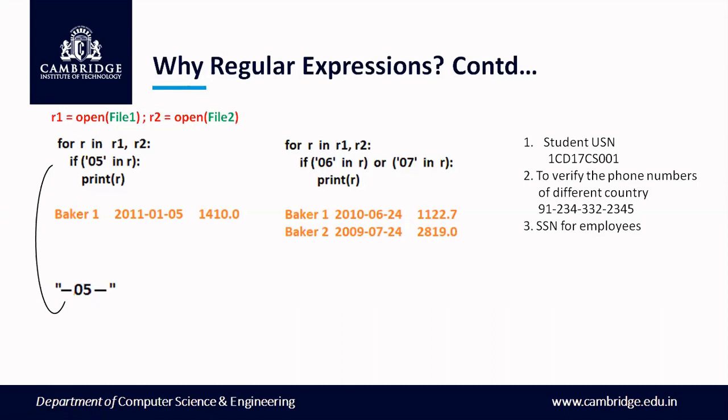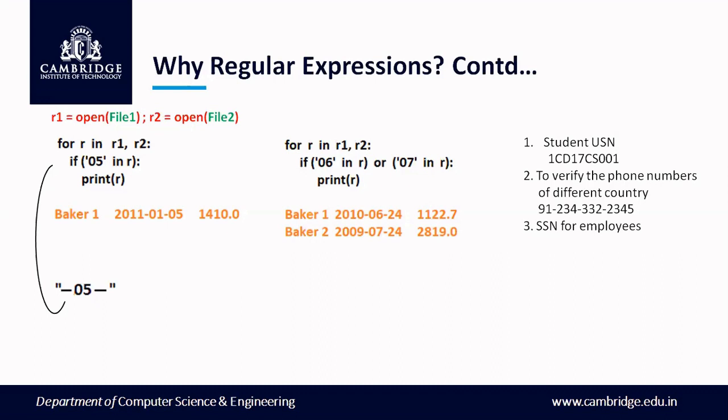Okay, let us take one more example. Now, if you want to verify the phone numbers of different countries, right? It could be India, it could be the US, or it could be anything. Even in India, for different states, the number may be 10 digits, but the starting number would change, right?